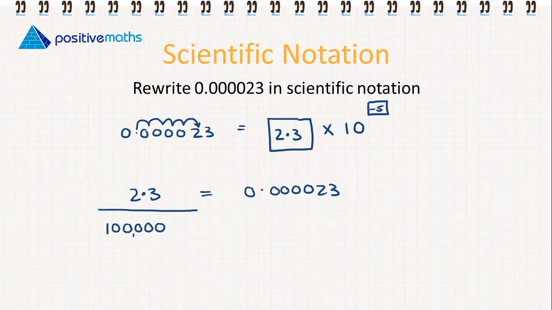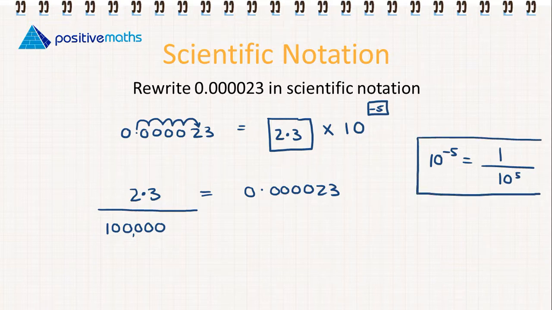So 2.3 divided by 100,000, which is 10 to the power of 5, is going to give us 0.000023. Just to note, 10 to the power of minus 5 is equal to 1 over 10 to the power of 5. This is one of the important laws of indices that we will have previously learnt.